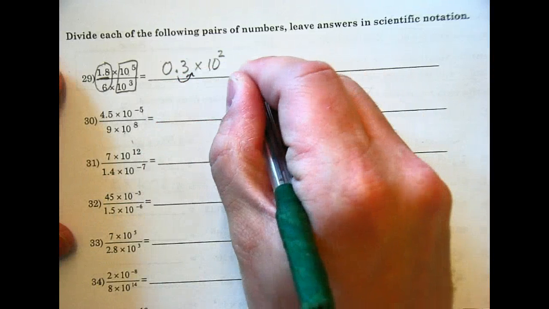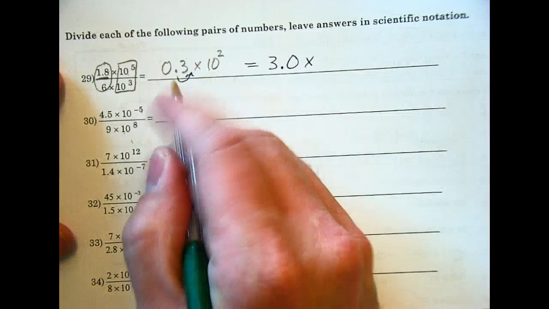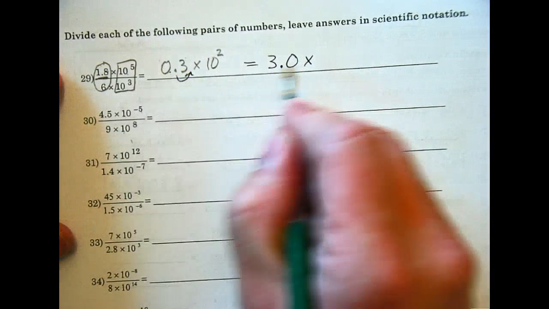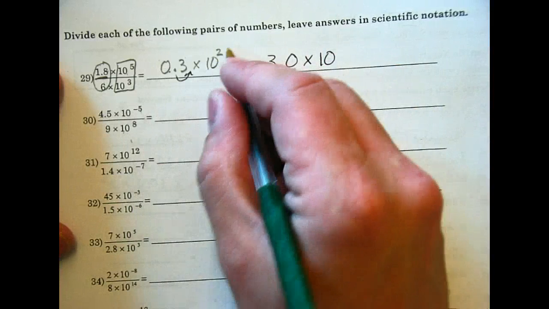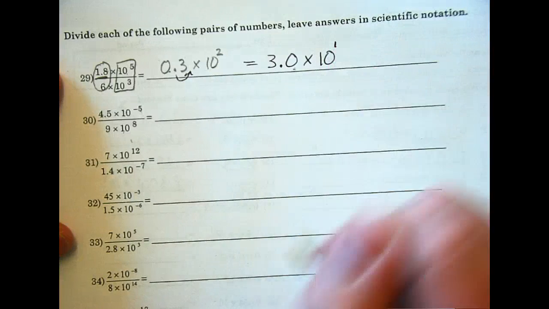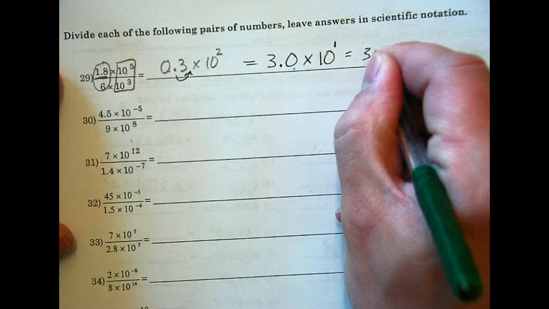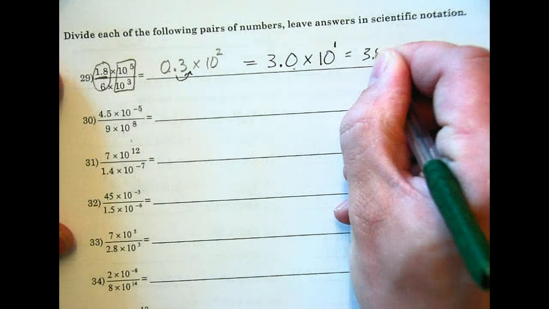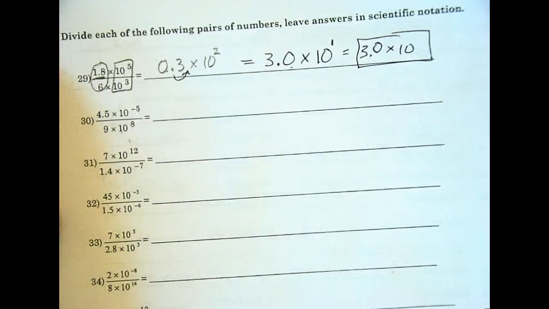That then gives us 3.0. So did this number get bigger or smaller? It got bigger, so what happens to our power? Gets smaller. So that's either 3.0 times 10 to the 1st, which we could also just write as 3.0 times 10. 10 to the 1st, just 10.